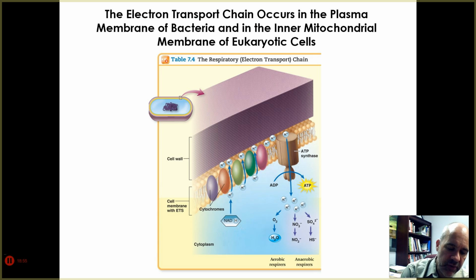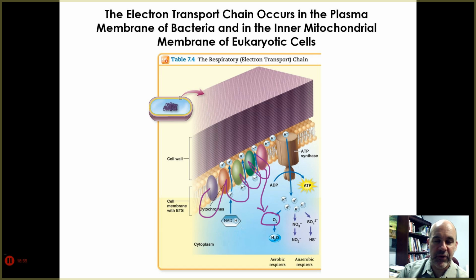So you have electrons being handed off from one molecule to the next, to the next, and then finally those electrons are sent over here to oxygen gas molecules. As those oxygen molecules become reduced, they bind with hydrogen ions and are converted into water, H2O.